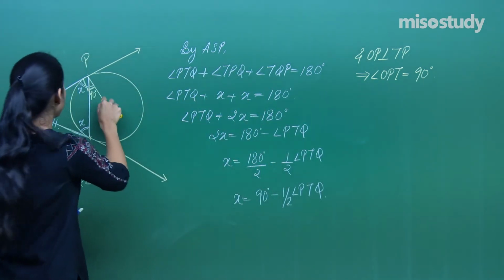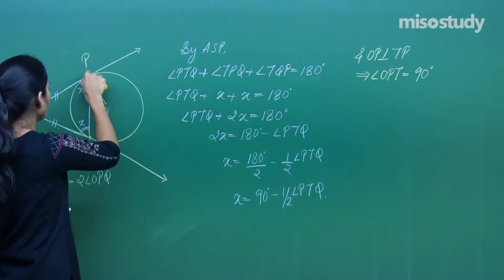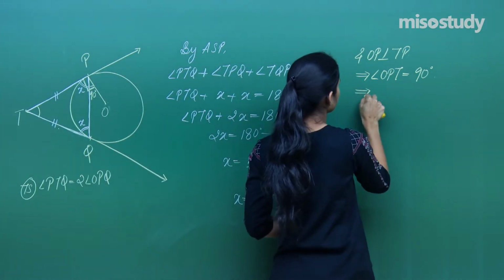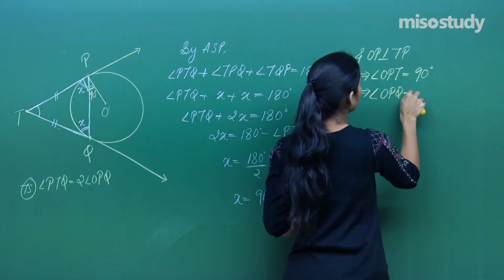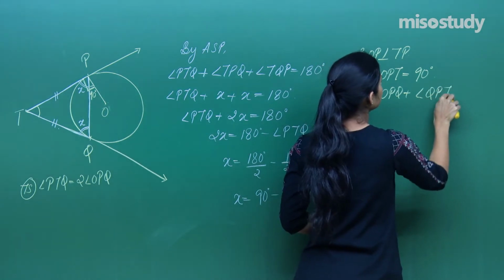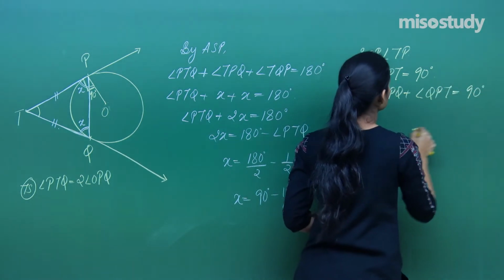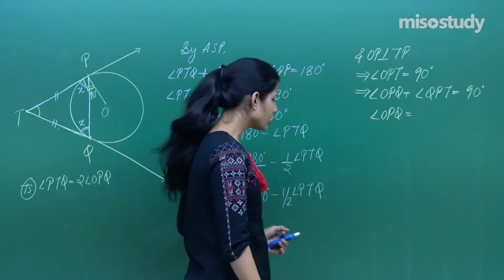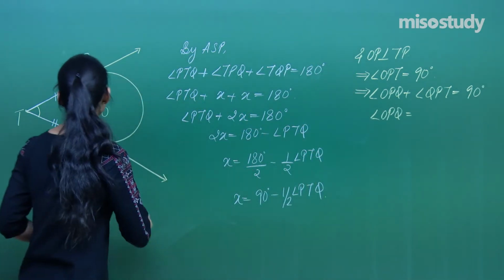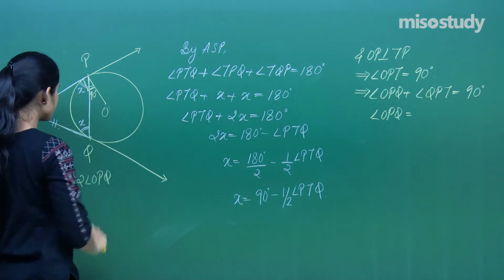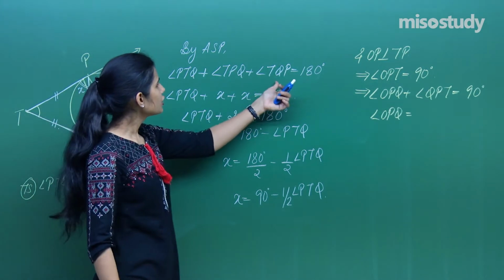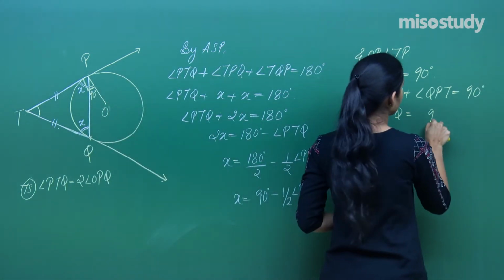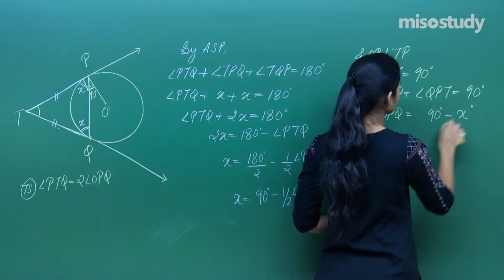Now angle OPT can be written as OPQ plus QPT. Angle OPQ plus QPT is 90 degrees. So angle OPQ is 90 degrees minus angle QPT, but angle QPT is x. So this is 90 degrees minus x.